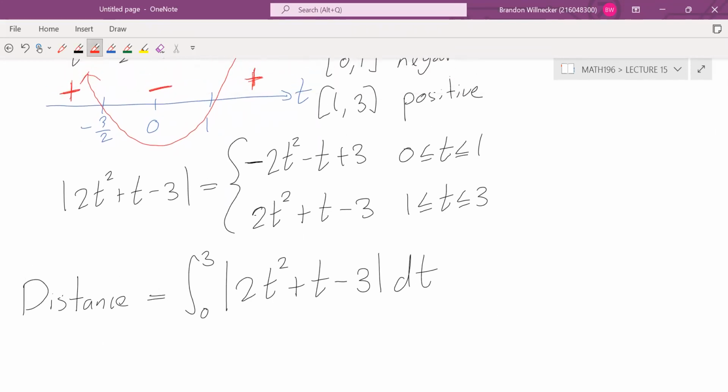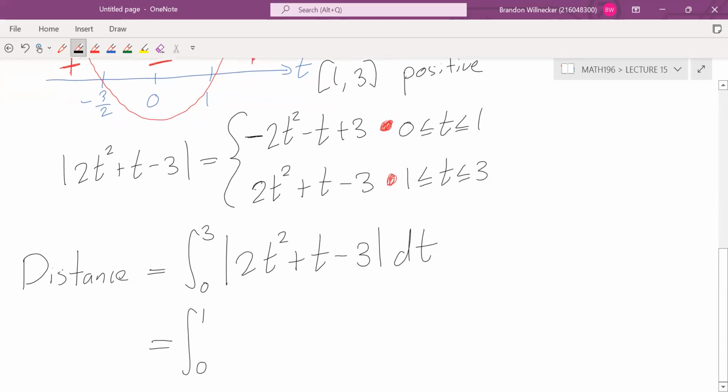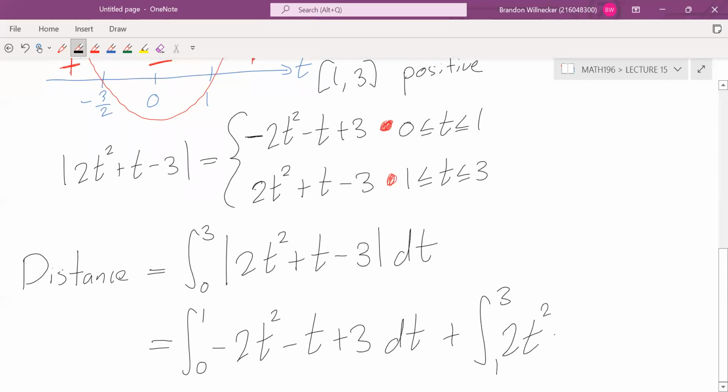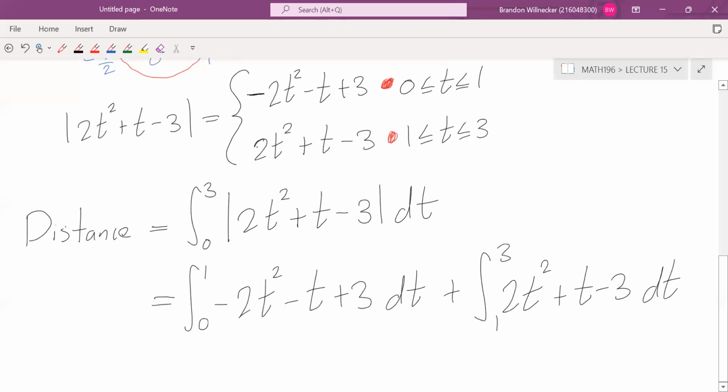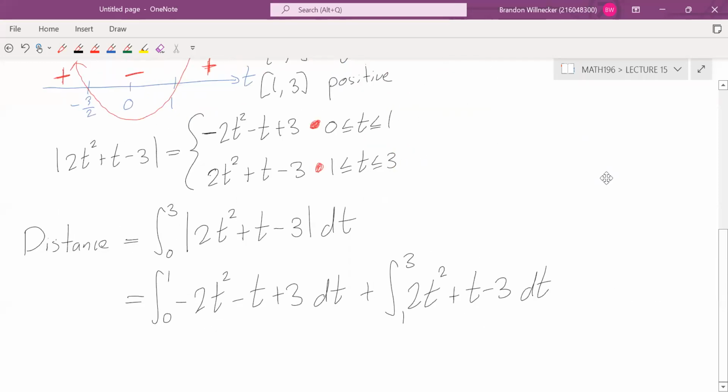But we know that this gets split up into two parts, over here and over here. So on the first part, we have the integral from 0 to 1 of minus 2t squared minus t plus 3 dt. And then on the second part, we have the integral from 1 to 3 of 2t squared plus t minus 3 dt. Okay, so there's two parts to the function, so there's going to be two parts to the integral.